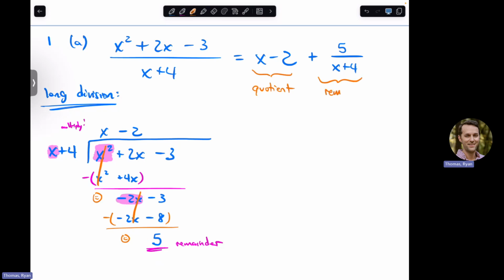That's the remainder. If this was negative, then you could write it as minus. But it's the same idea as saying that 40 over 3 is 13 and 1/3. So think of that plus sign like an "and," right?